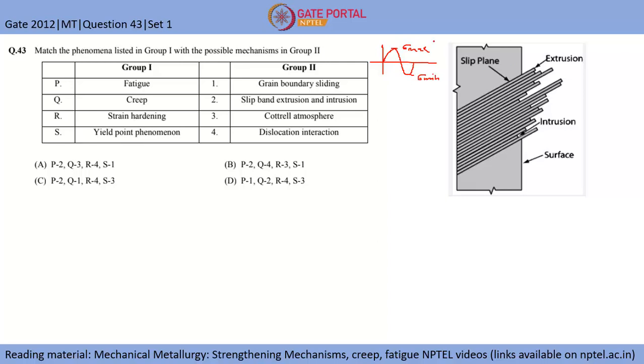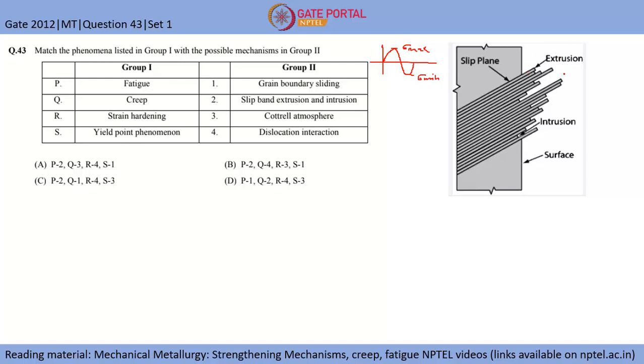When sigma max is reached, the dislocations move on the slip planes, and when coming down to sigma minimum, slip irreversibility occurs. The dislocations will try to move in the opposite direction, but they won't be able to come back to their initial position.